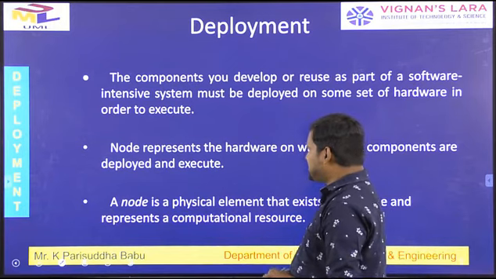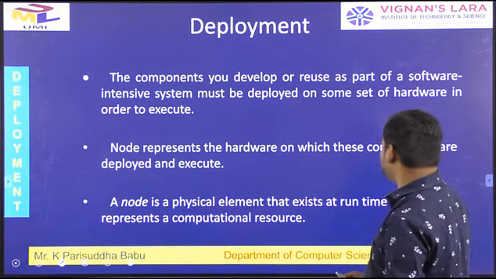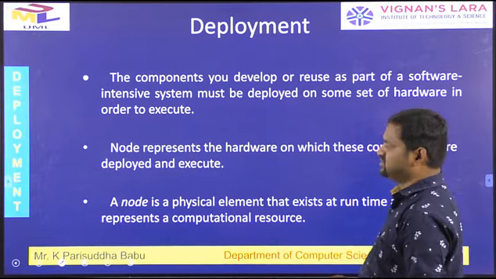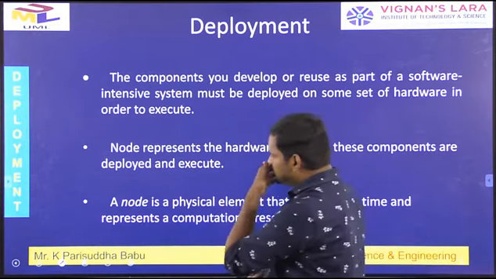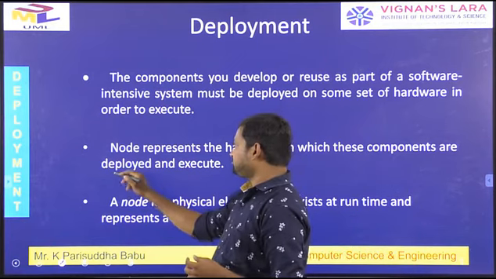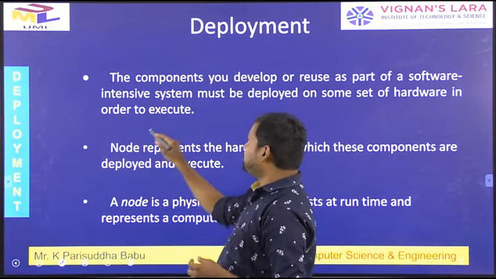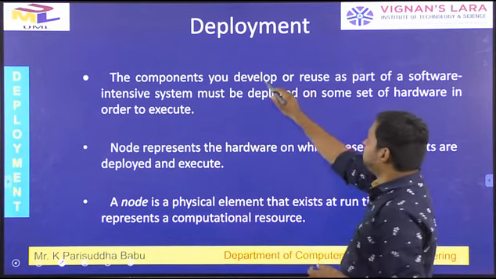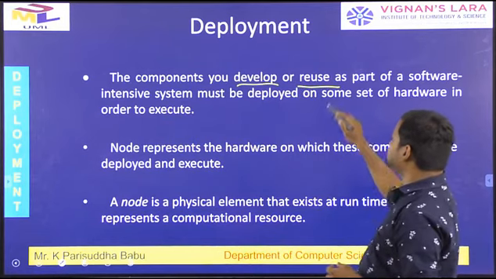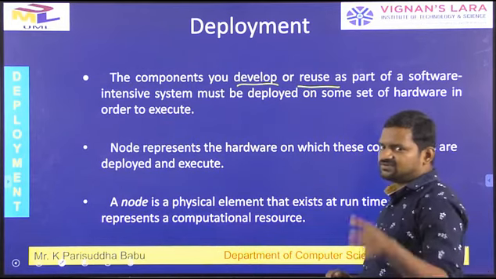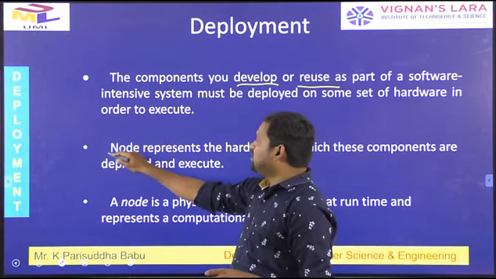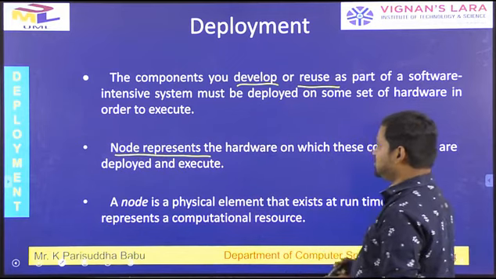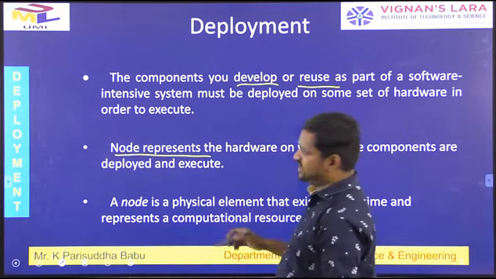A node represents the hardware on which these components are deployed and execute. In the deployment view, every component you develop or reuse will be saved in one particular area. That area is called a node.